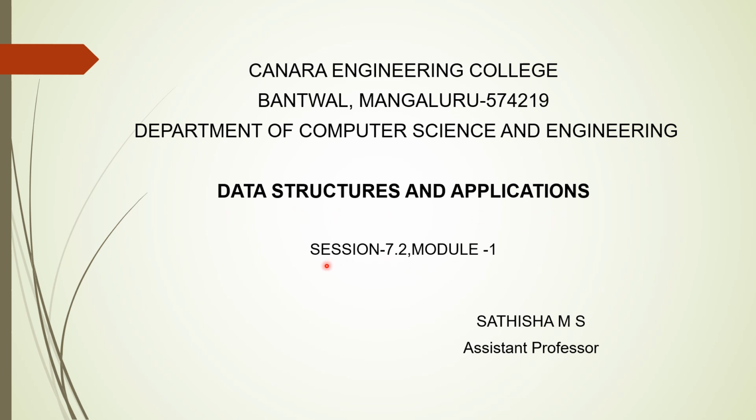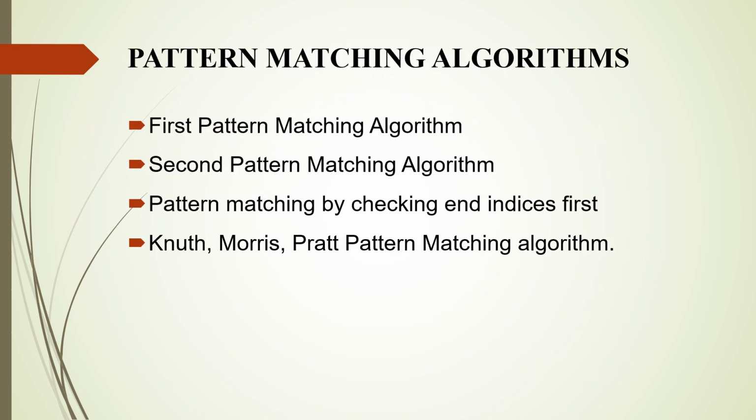This is the continuation of session 7.2 of module 1. This session covers some of the pattern matching algorithms. The first is the pattern matching algorithm, also called the brute force pattern matching algorithm.